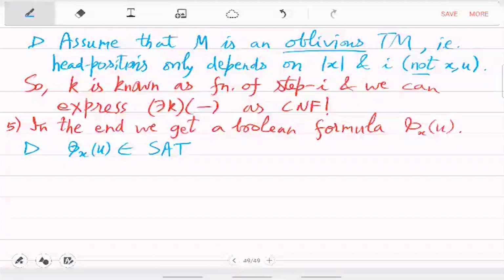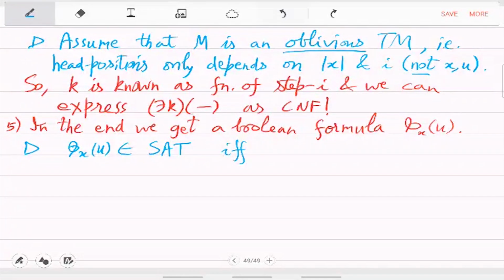so you can fix u to be a 0 1 string, if and only if u is a certificate, and hence the Turing machine accepts, and hence phi x u is true, which will happen if and only if x is a yes string. Only if x is a yes string, there will be a certificate.